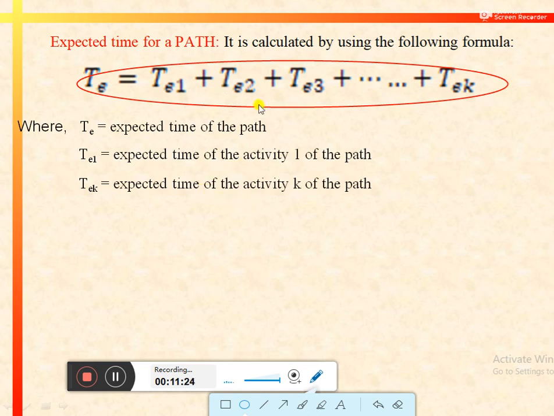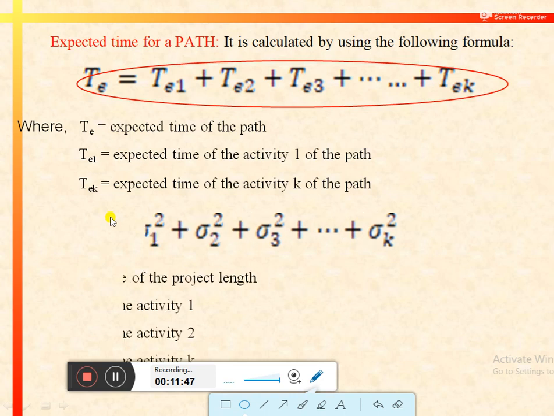Similarly, TE2 represents the expected time of activity 2, and TE3 represents the expected time of activity 3, and so on up to the kth activity. So we have to sum up the expected times of different activities to calculate the expected time of a given path.